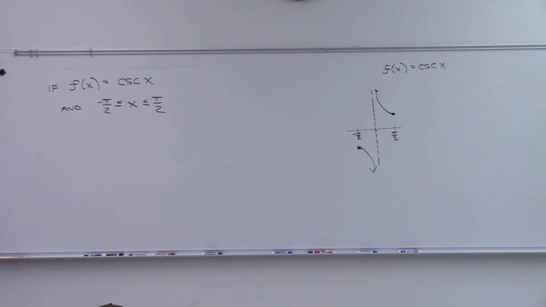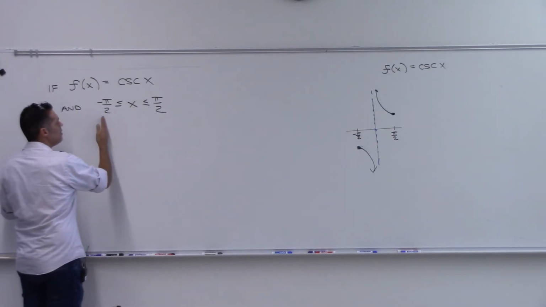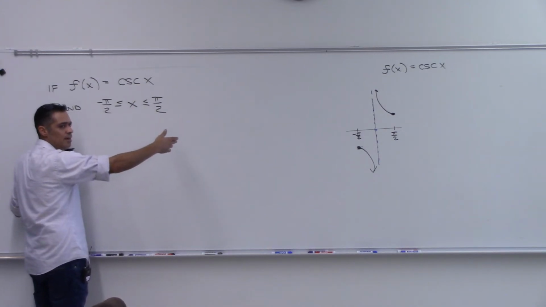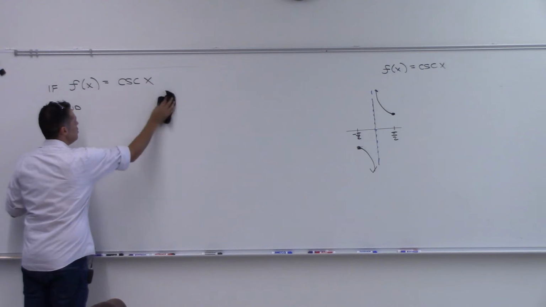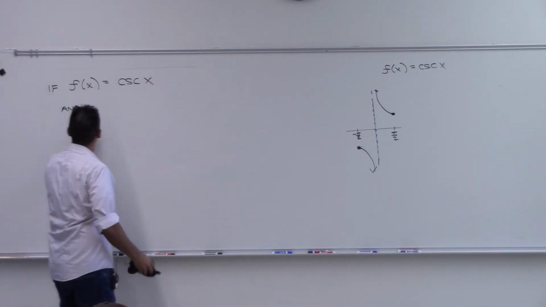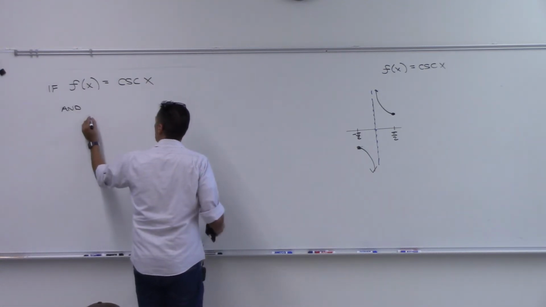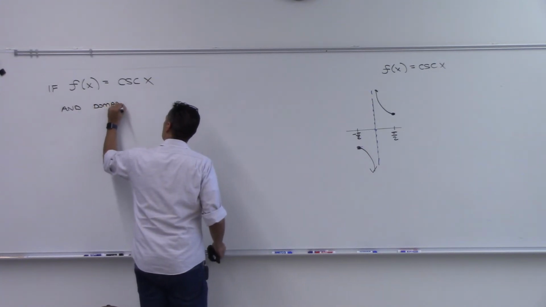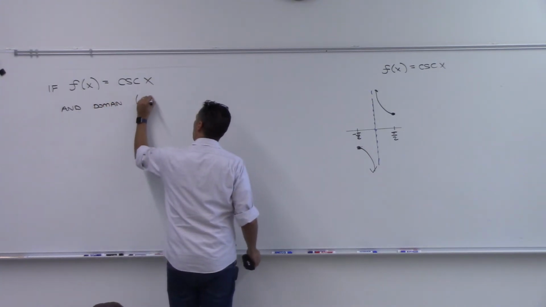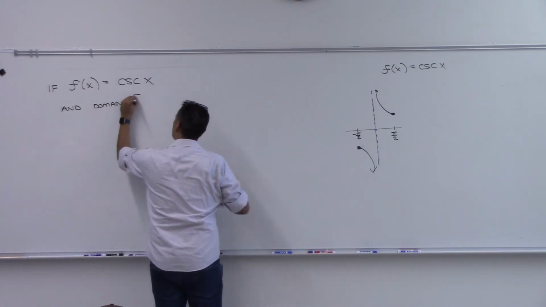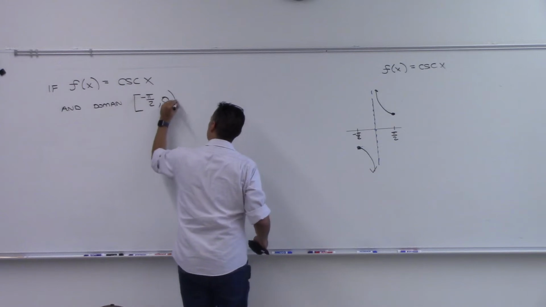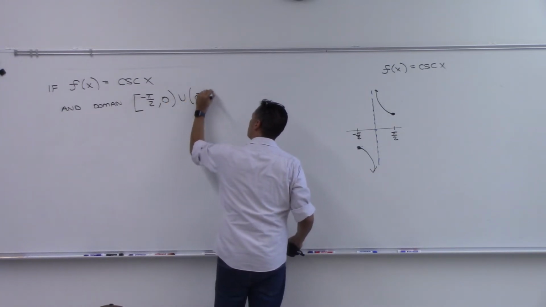So how could I say that? I want everything from negative pi over 2 all the way up to 0, and then everything past 0 to pi over 2. So I'm going to change this. I'm going to write it in a different notation. The domain is going to be from negative pi over 2, with a bracket, to 0, parenthesis, union 0 to pi over 2.